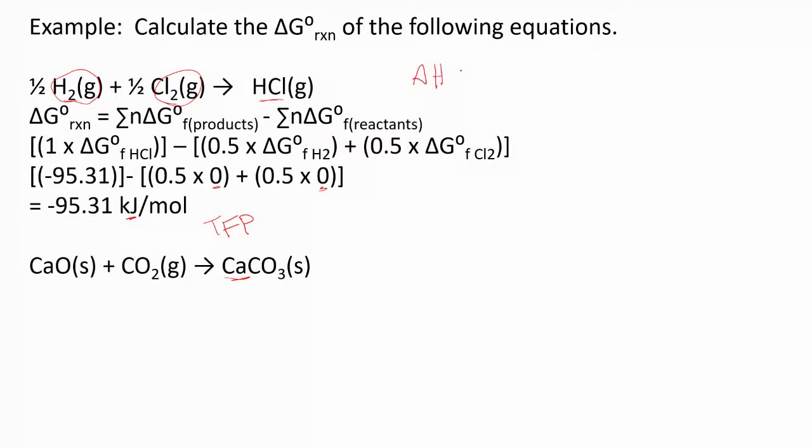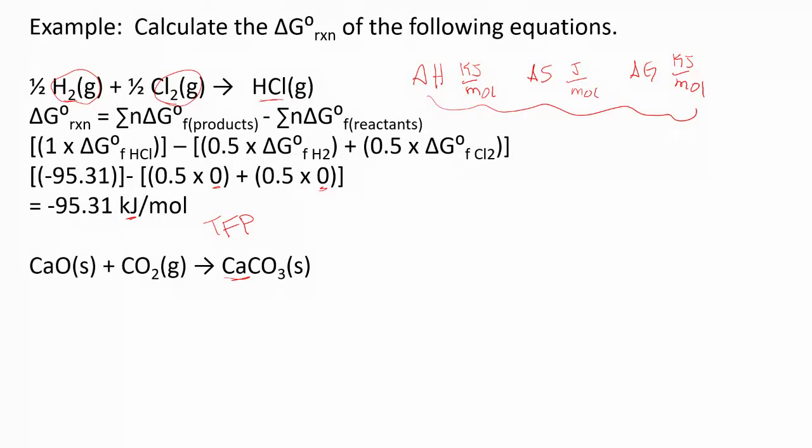Let's stop again. Delta H is measured in kilojoules per mole. Delta S is measured in joules per mole, and delta G is measured in kilojoules per mole. And now this is going to be important because there is a relationship between all three of these. We haven't talked about it, but there is.